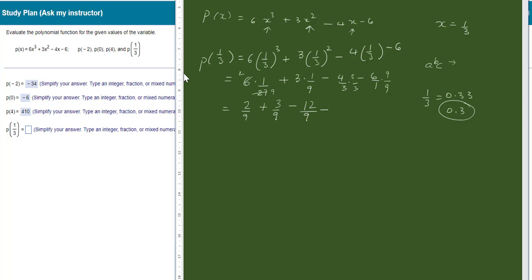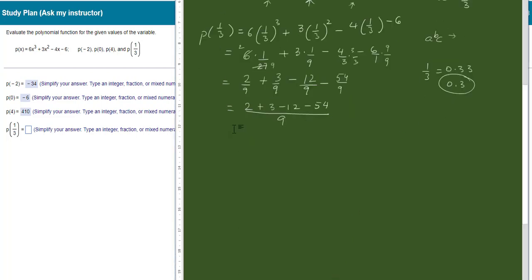Multiply the numerator and denominator by 9. 6 times 9 is 54/9. And then really all you have to do, because the denominators are the same, is just do the calculation here.